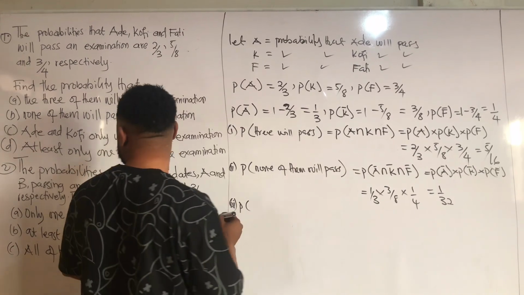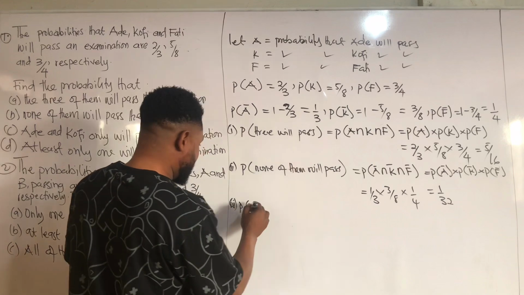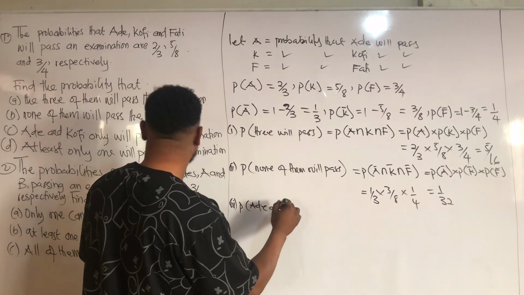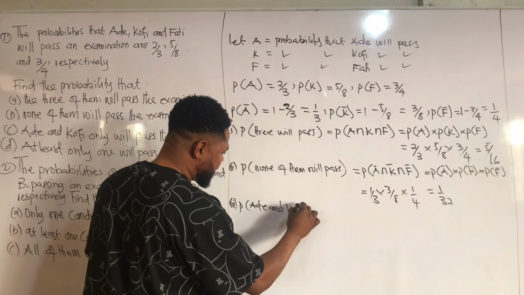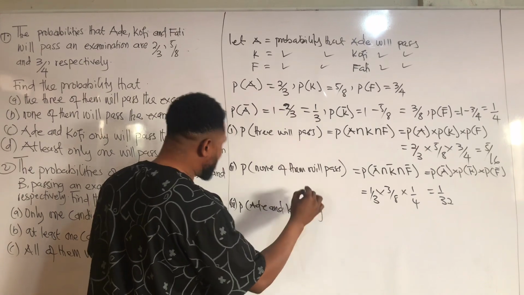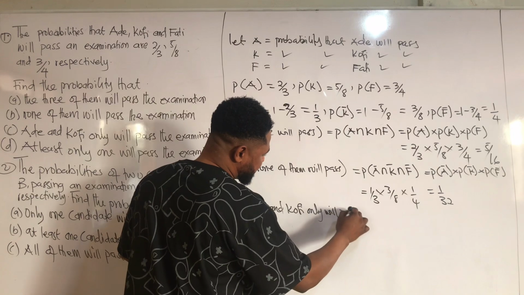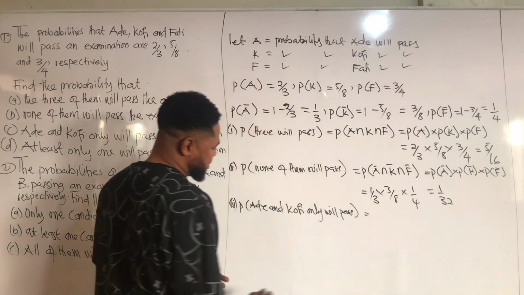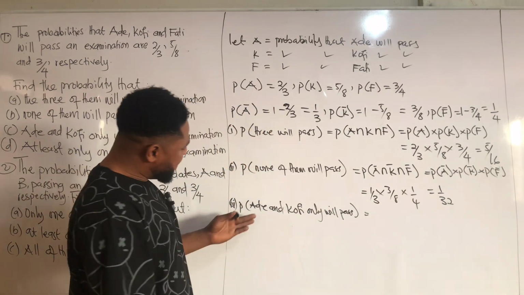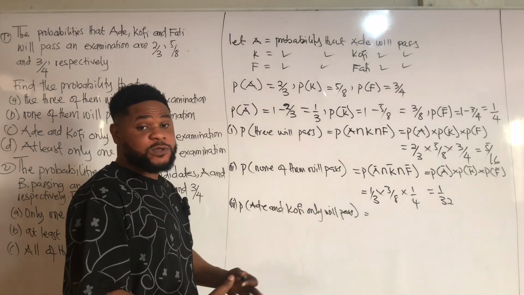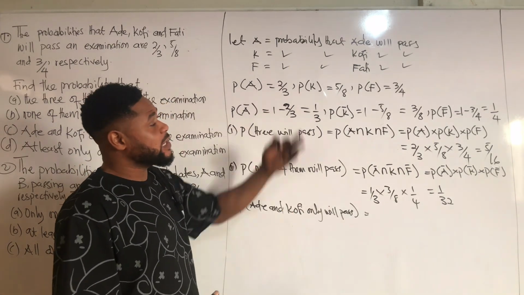Okay, so let us move on to III. Probability that Ade and Kofi only will pass. And this, we are straightforward. If Ade and Kofi only will pass, then what will happen to Fatih? Because there are 3 candidates.